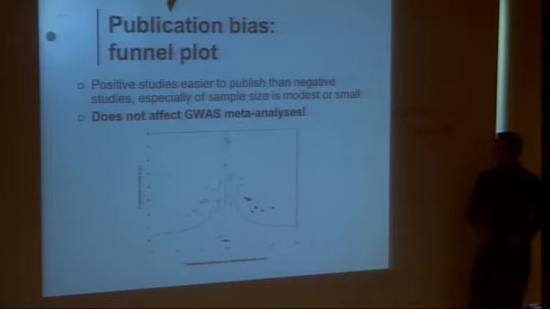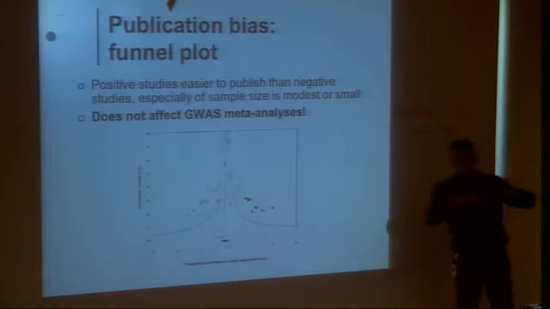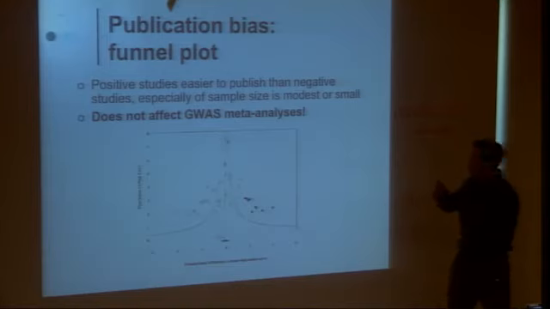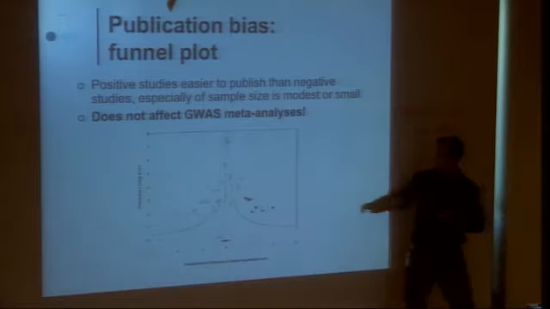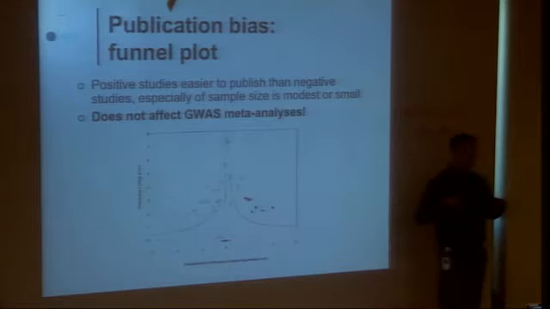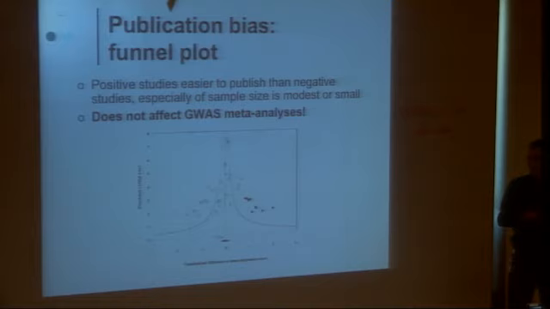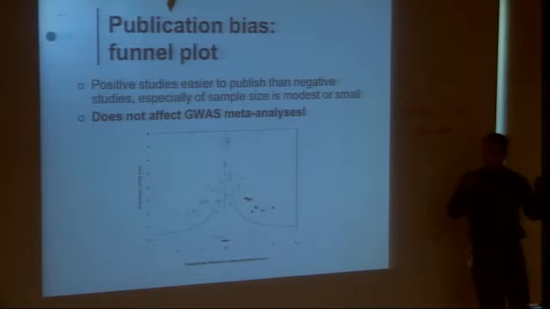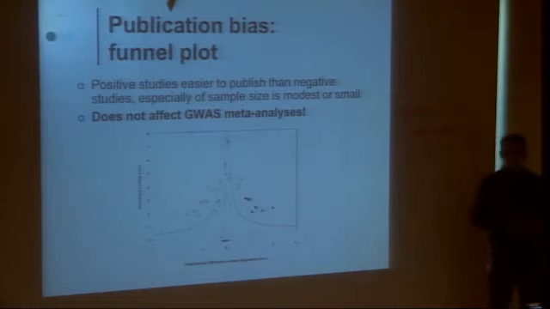And if you do imputation, where you can impute all these different markers across the genome, you have this consistency across studies that the bias tends to be removed because we don't have a certain hypothesis driven approach.